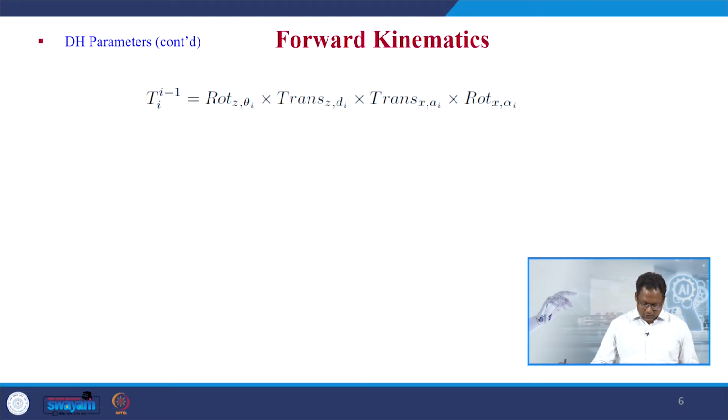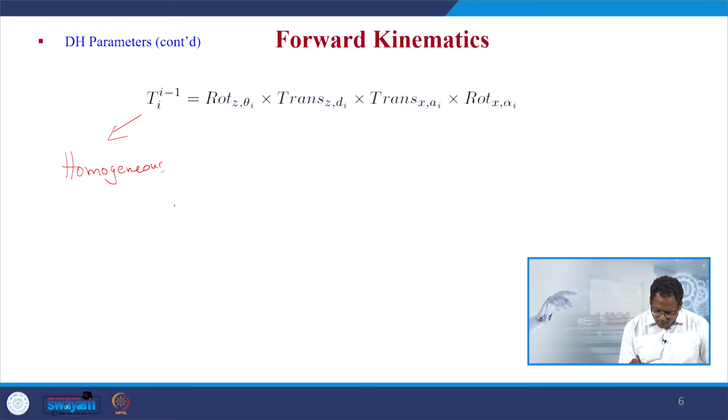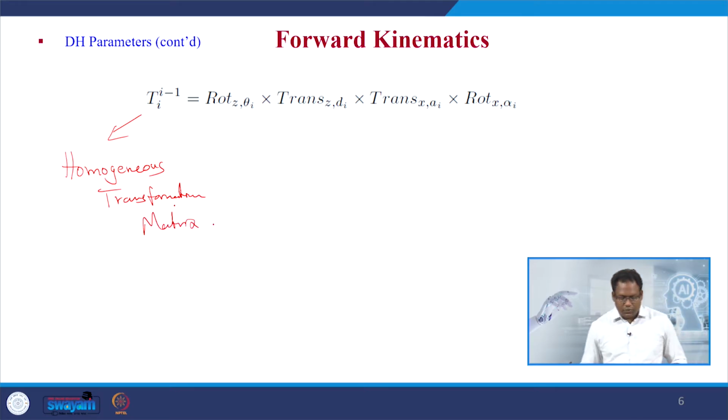In forward kinematics, through the DH parameters, we need to have the homogeneous transformation matrix, which is given by a combination of rotation and translation.